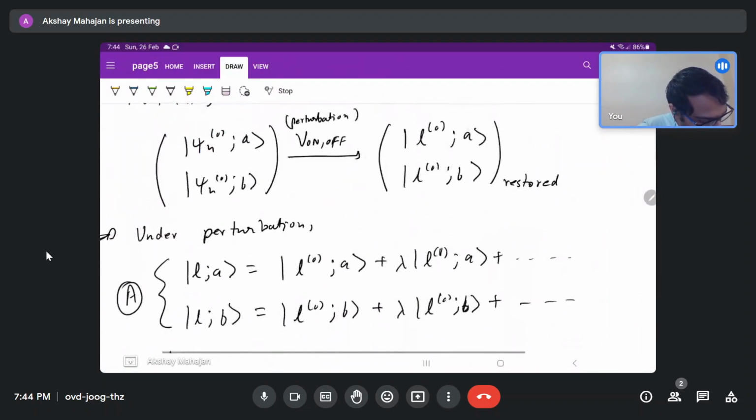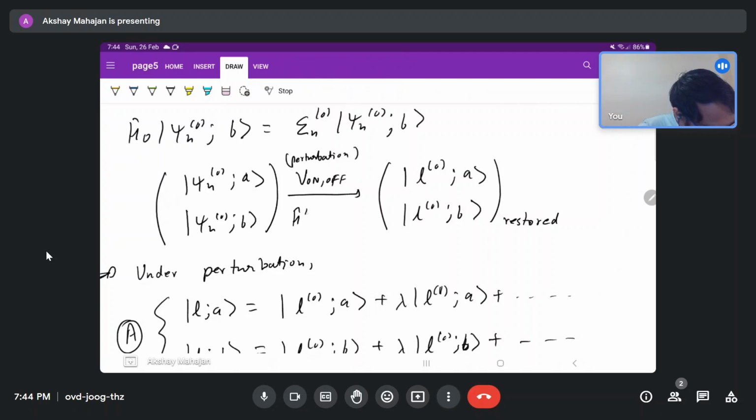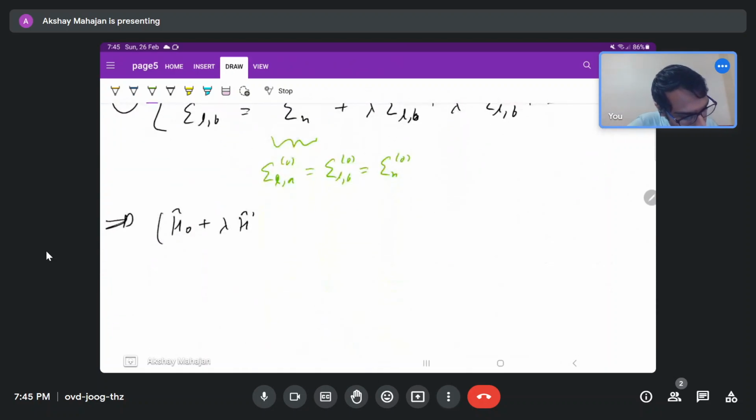Let's say our perturbation is V, so H cap prime equals V, which is our perturbation. I am denoting this as some potential V that I will apply.